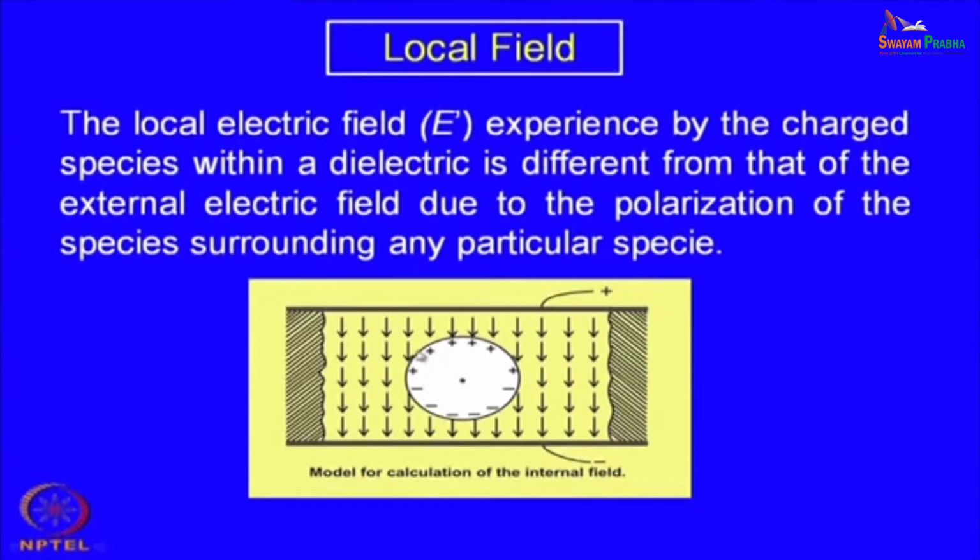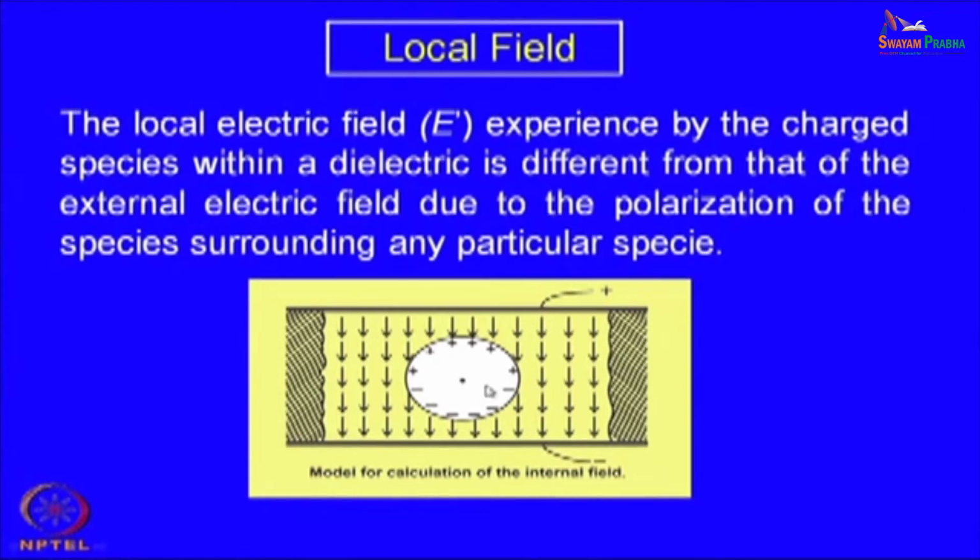So, as a result, at a particular point the field experienced by any charge species is different from what we apply from outside. So, when we are trying to calculate the polarizability and the dipole moment and so on, one has to take care of this kind of situation.